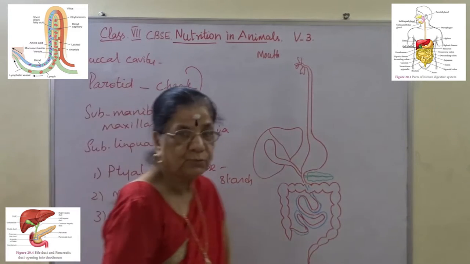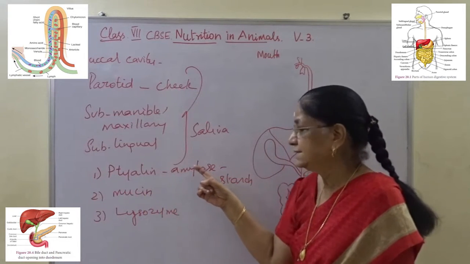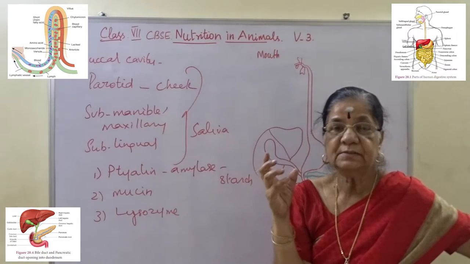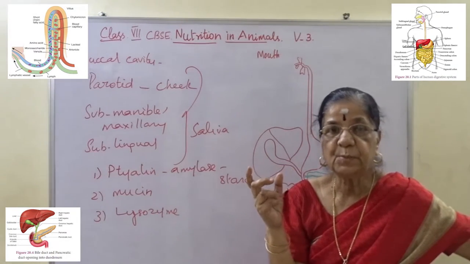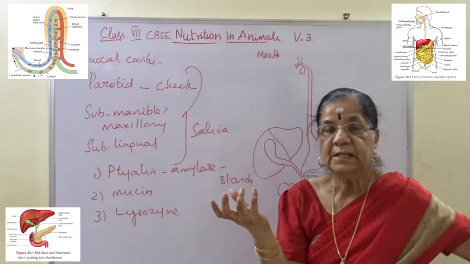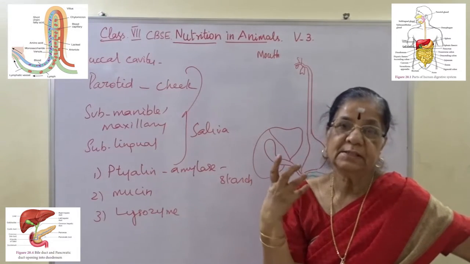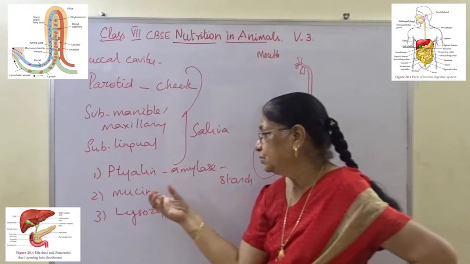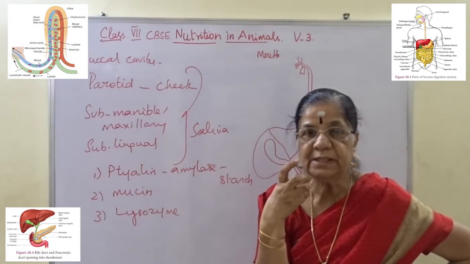Now when food is eaten, it is acted upon by saliva, where the ptyalin, an amylase enzyme, acts upon carbohydrate. So carbohydrate starts digesting in the mouth. And then the mucin makes the food lubricated.